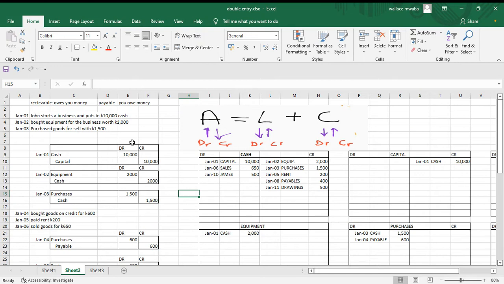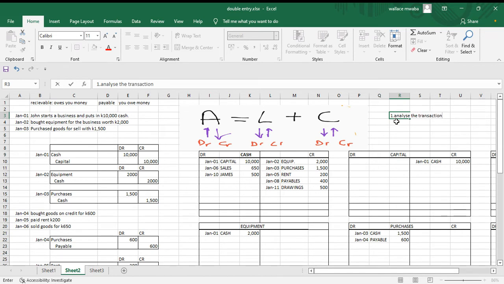Today we're going to look at journal entries and double entry. We're going to look at some transactions and go through the rules of journalizing. The first rule is you analyze the transaction.